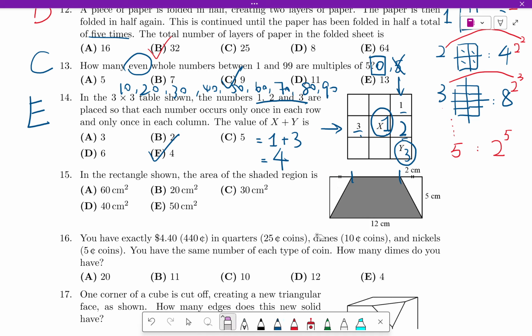So the top length of the trapezoid will be 12 minus 2 times 2, because this is 2 centimeters and this is also 2 centimeters, which will give us 8 centimeters.